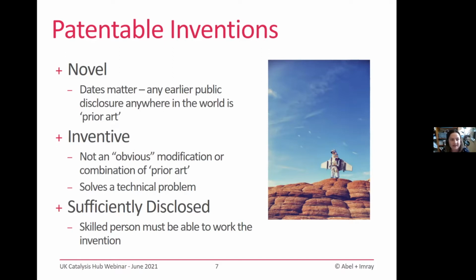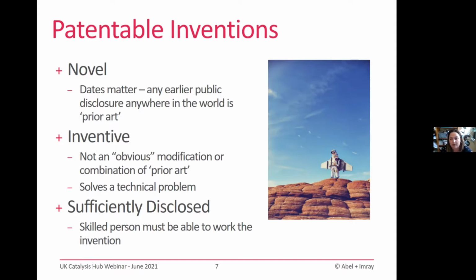So novelty is quite a low bar. You're just looking for any kind of difference. And I think this is a good point to raise, that you should be really careful of your own disclosures. So if you were to disclose an invention before filing a patent application, say in a research paper or at a conference, that will form part of the prior art, and therefore you won't be able to get a granted patent for that invention because you've disclosed it.